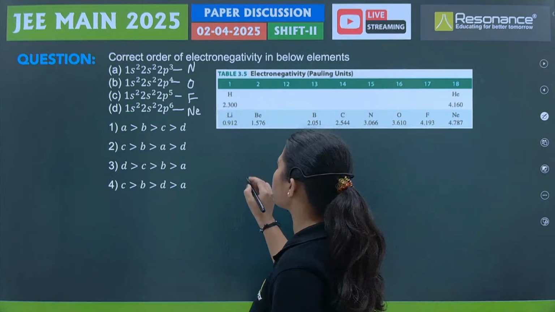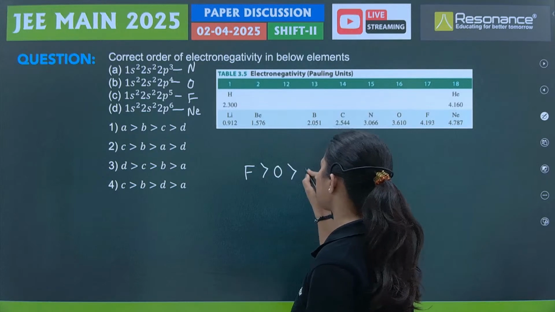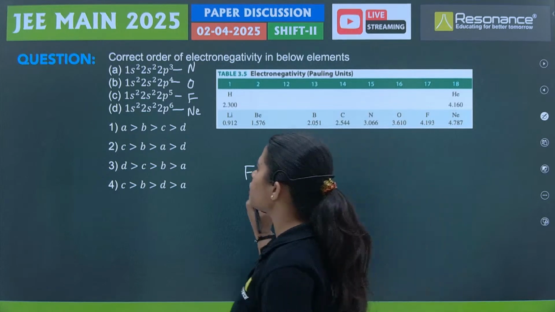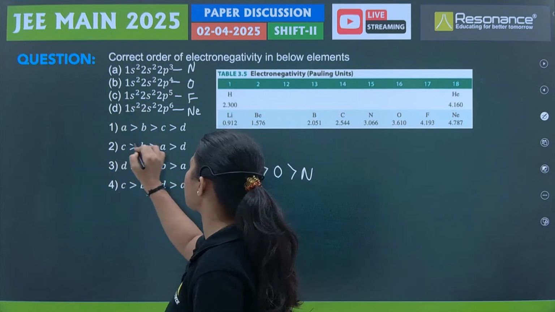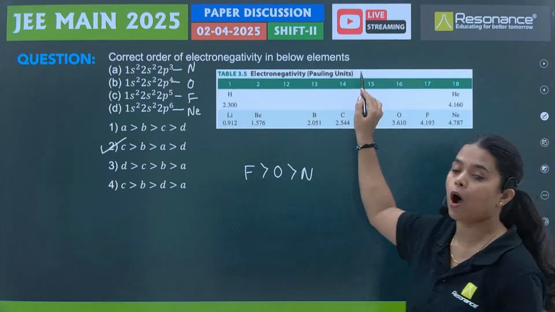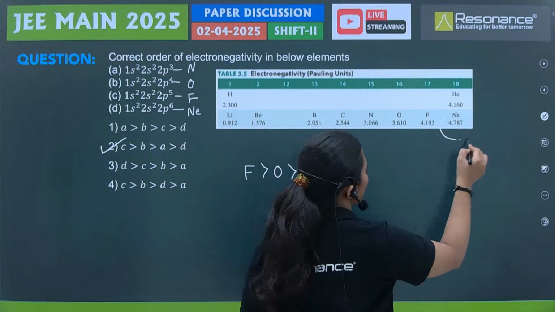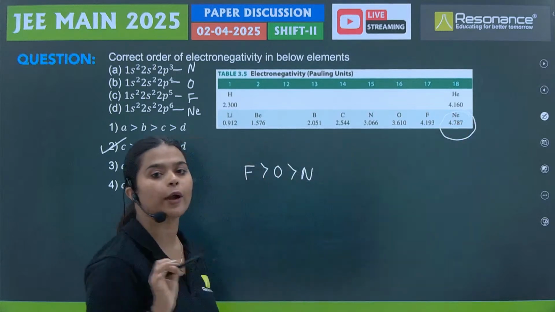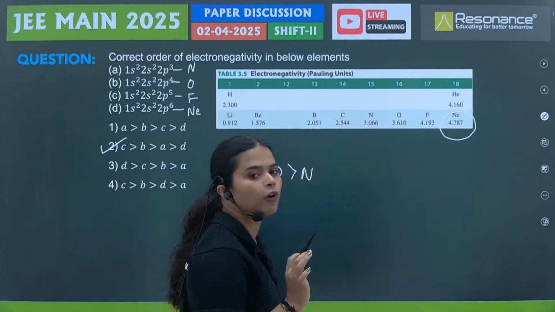What we know is that fluorine is going to be the most electronegative in comparison to oxygen and then nitrogen. So the answer should be C greater than B, then A and then D. But if we see the Pauling unit scale, the value of neon is 4.787 and fluorine is 4.193.